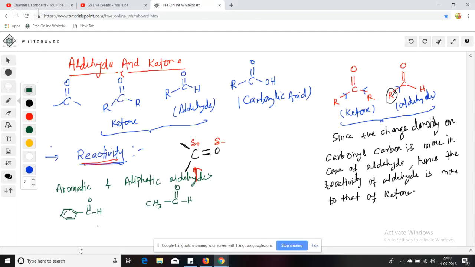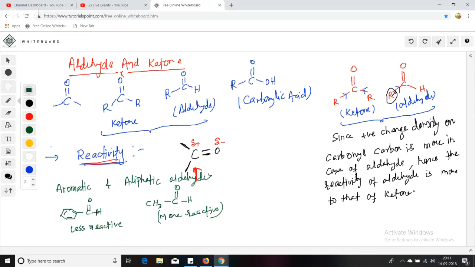Okay, so aromatic aldehyde or ketone, whatever it is, is less reactive, and this one is more reactive. Why is it less reactive? Any aromatic compounds are less reactive. Why?